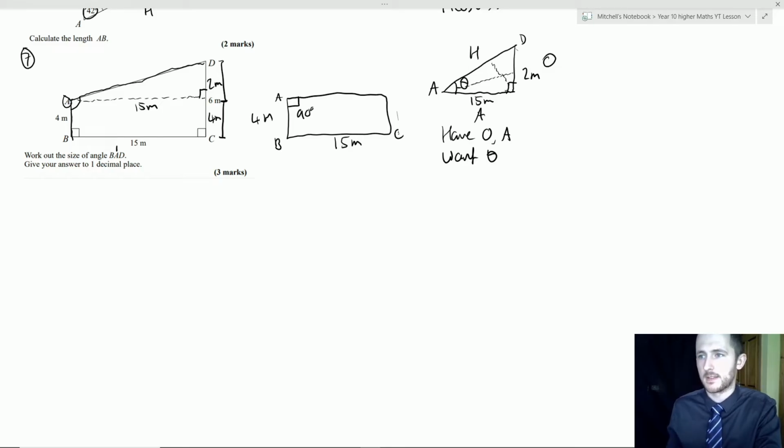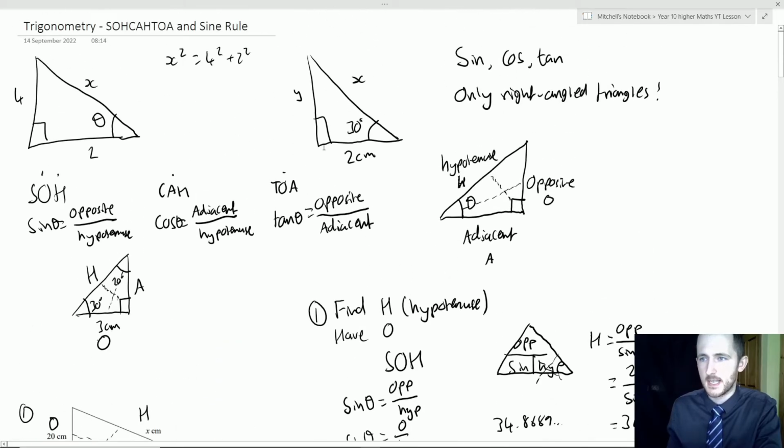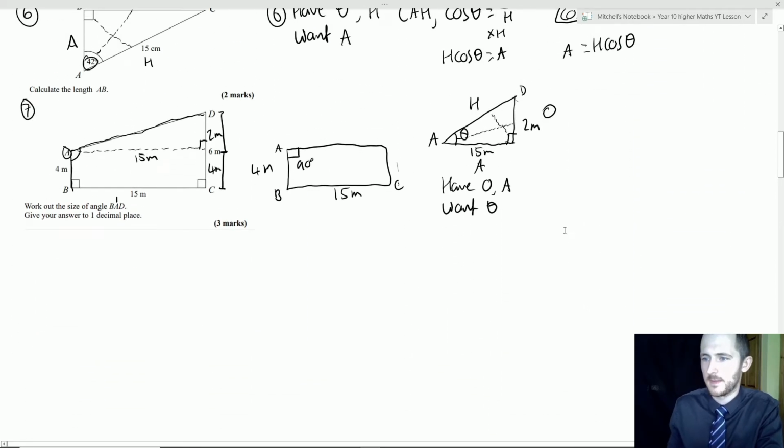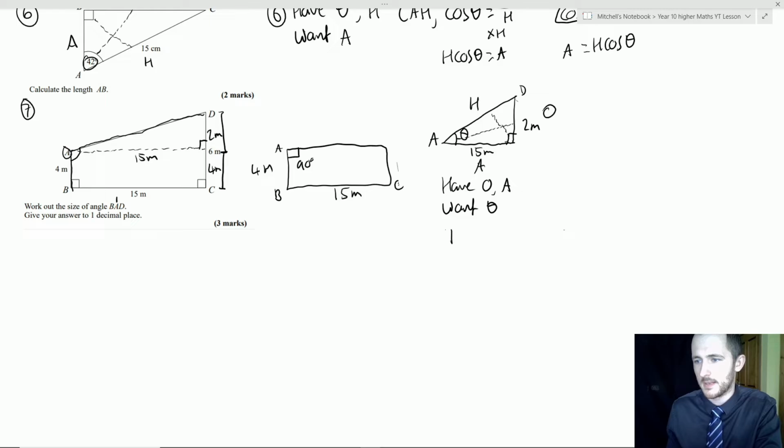So O and A, let's go all the way back up to the top of the document. O and A is tan. There we are. So we have TOA here, which is tan theta equals op over adjacent.